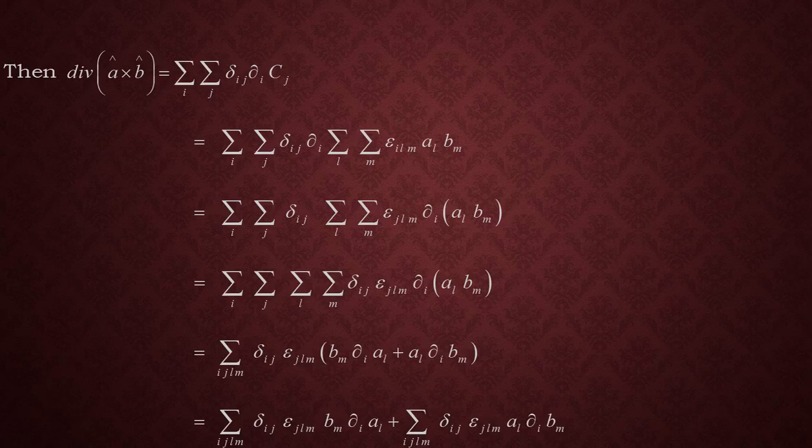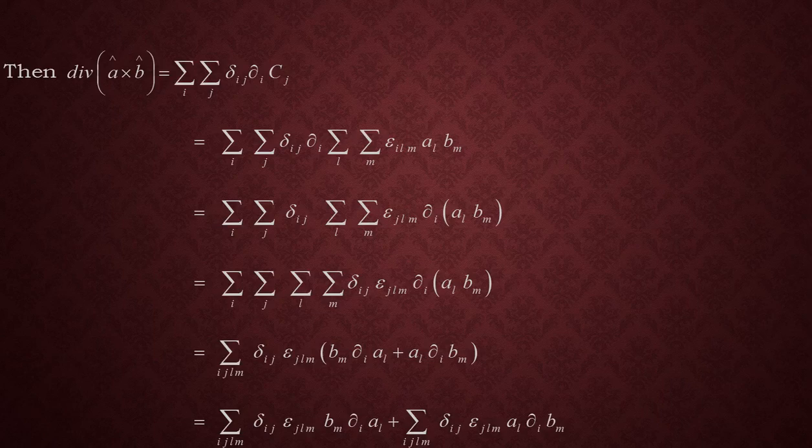If we substitute C suffix j here, the representation becomes div of A cap cross B cap equals summation sigma over I summation sigma over j delta suffix ij dou I summation sigma over L summation sigma over M epsilon suffix JLM AL BM.